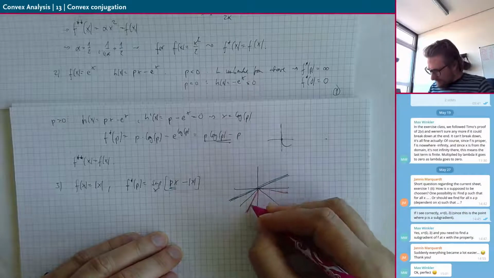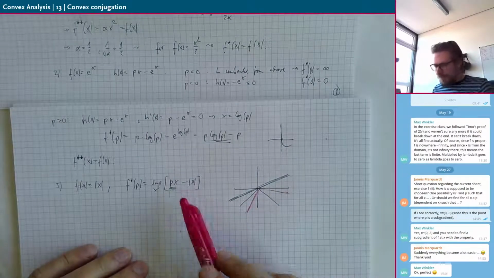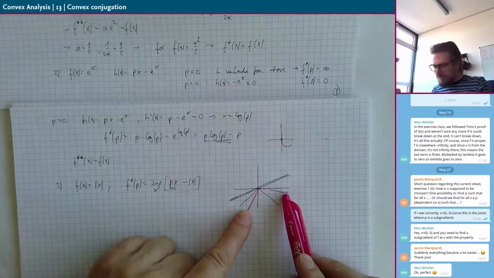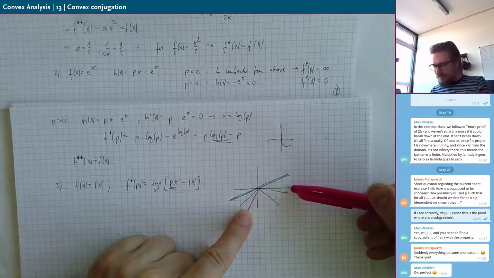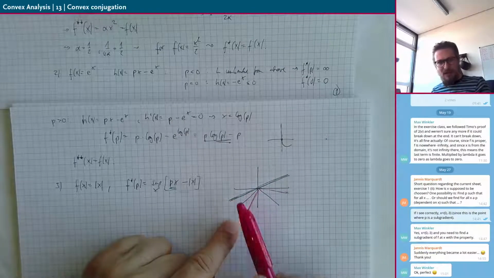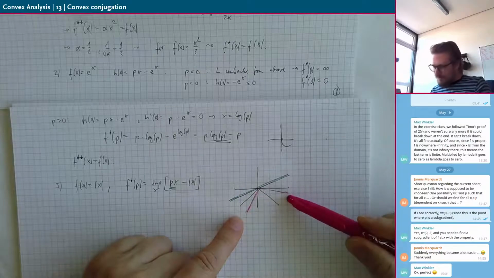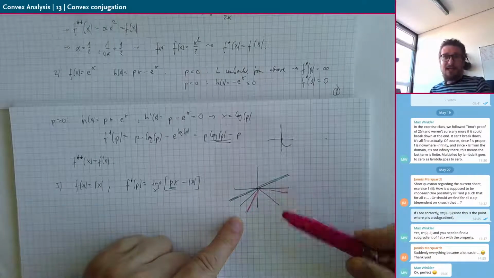We tilt it around. And then you see, if the p is small enough, this function always is below the x-axis and has a supremum at 0. But as soon as the slope of p is larger, the p is larger than 1, this here tilts above the x-axis and it gets unbounded.